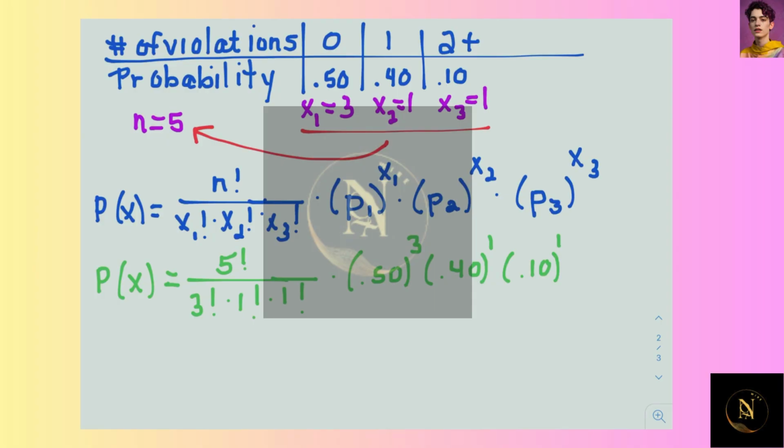And if you pick up your calculator and you put all of that in, you will end up with a probability of 0.1.